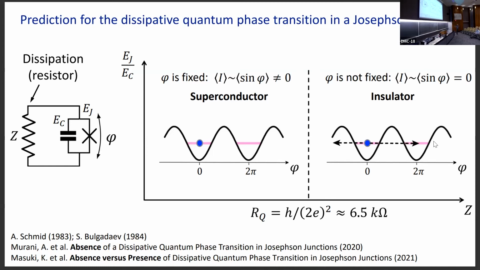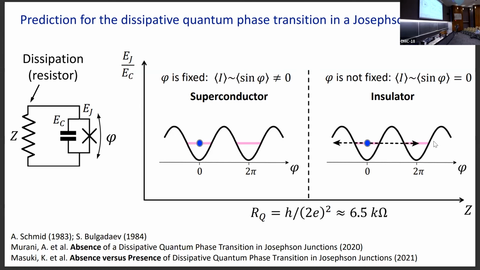So when you connect this Josephson junction to a resistor with some impedance Z, if the impedance is small, it means the dissipation is large. The dissipation suppresses the tunneling, so the particle is sitting in one well, and the phase is well defined. It means the junction is superconducting.